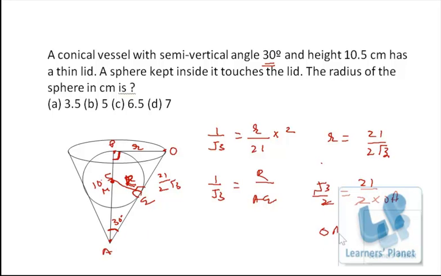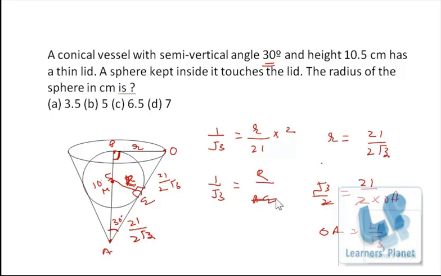Okay, so OA is 21 by root 3. Now you can see this entire length OA is 21 by root 3, and this length is 21 by 2 root 3. That means the remaining length will also be 21 by 2 root 3. Okay, so AQ is 21 by 2 root 3.